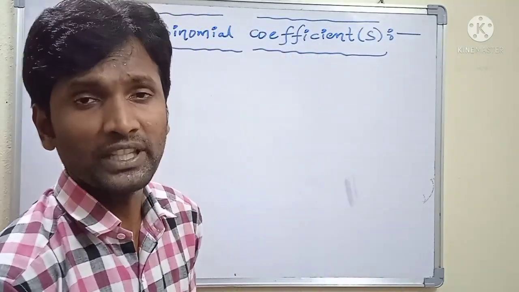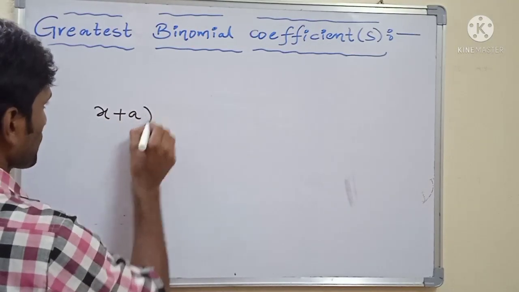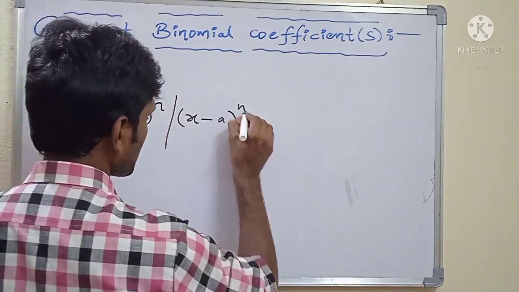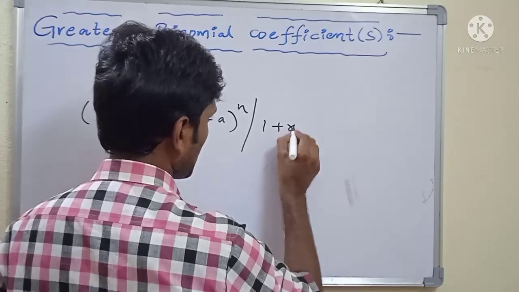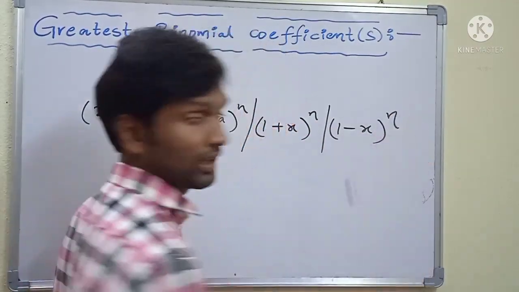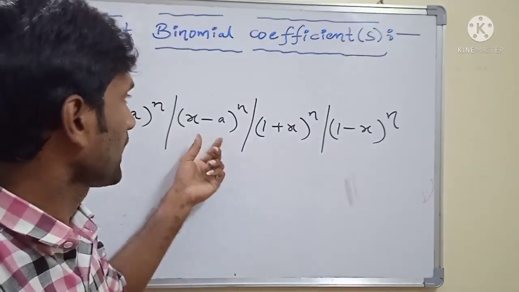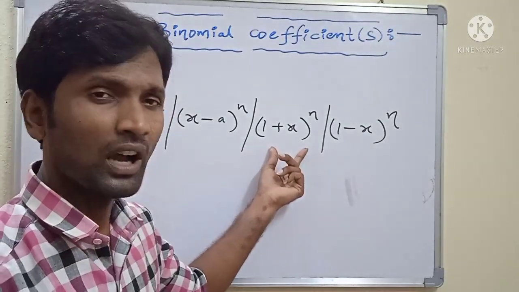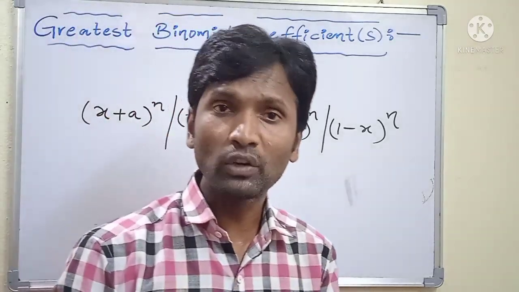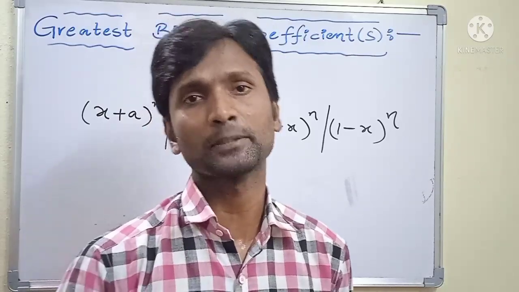That means if the expansion is in the form of (x + a)^n or (x - a)^n or (1 + x)^n or (1 - x)^n, then how can we identify the greatest binomial coefficient of the given expansion?